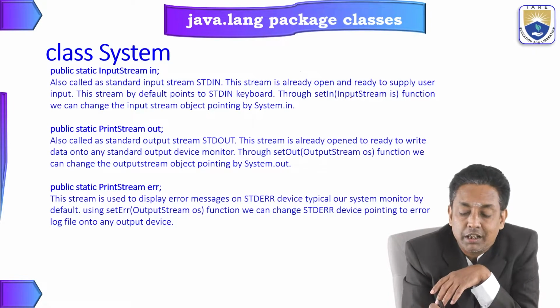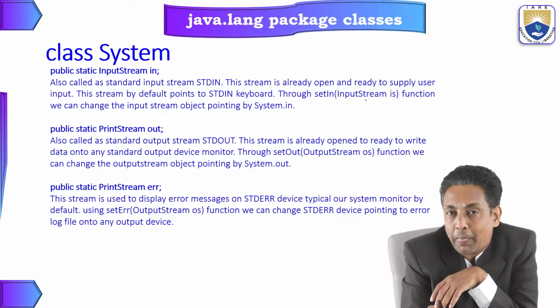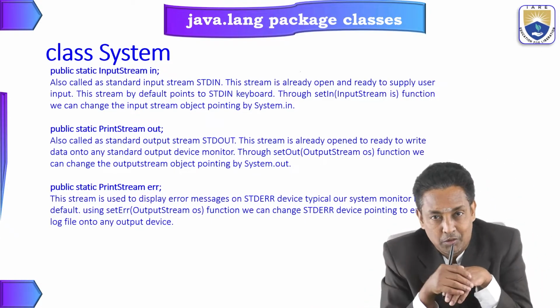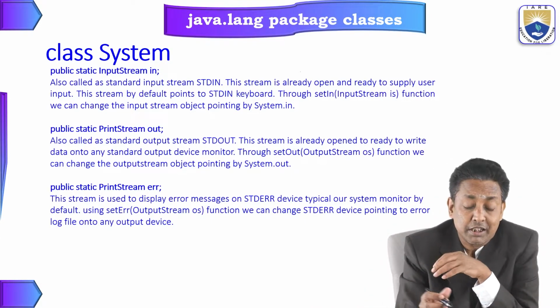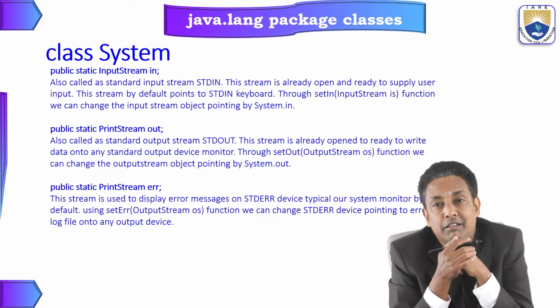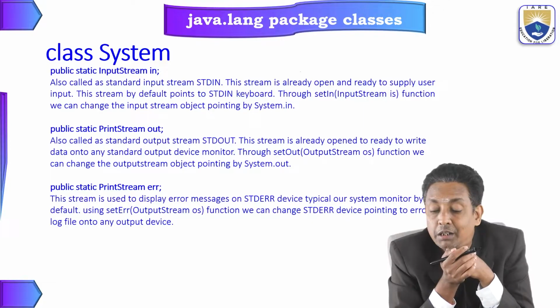If you give any InputStream object here, System.in will point to that. But by default, it will point to the keyboard. That's why I said the stream is already open and ready to read the input supplied by the user.